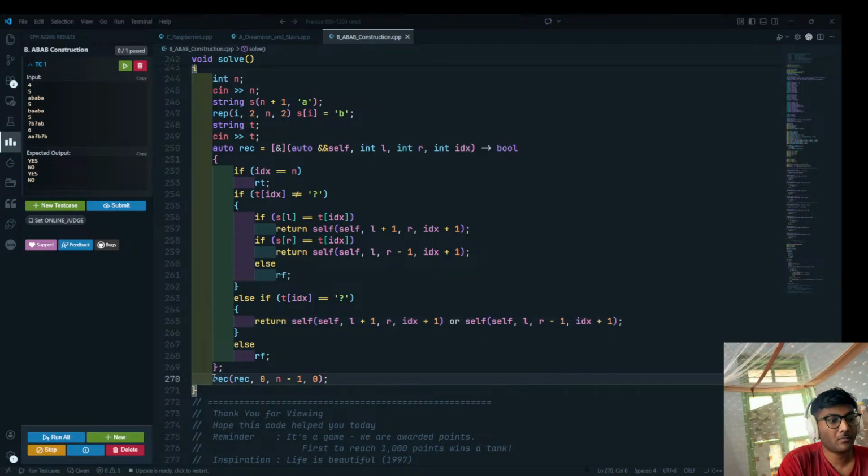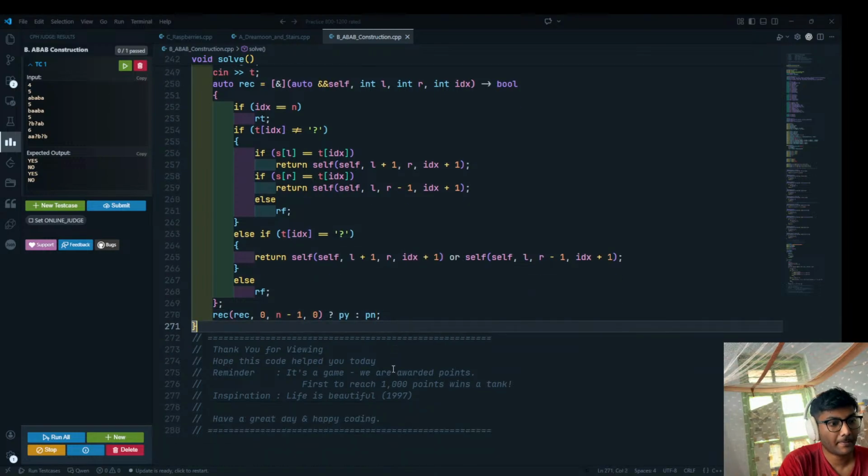Okay, so maybe if this is, let's say, if this prints yes, otherwise no. Do I have the print yes, print no? Yes, we do have. Let's try.